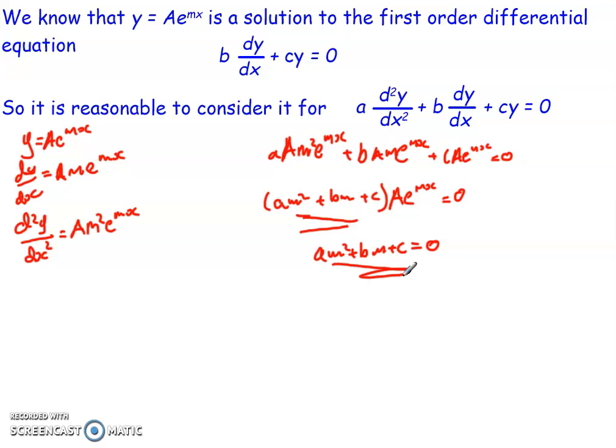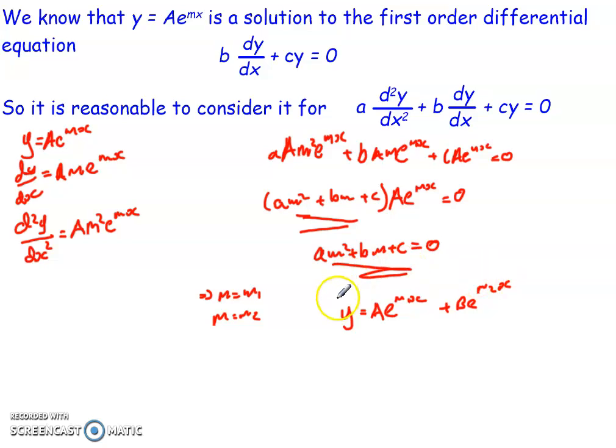It has to be from that we get there. Now, if I take this and solve it, so factorise it and solve it like you would a normal quadratic, we'd get two solutions. So we get m equals m1 and m equals m2. So what that means is I would get two distinct solutions, y equals a e to the m1x plus b e to the m2x.